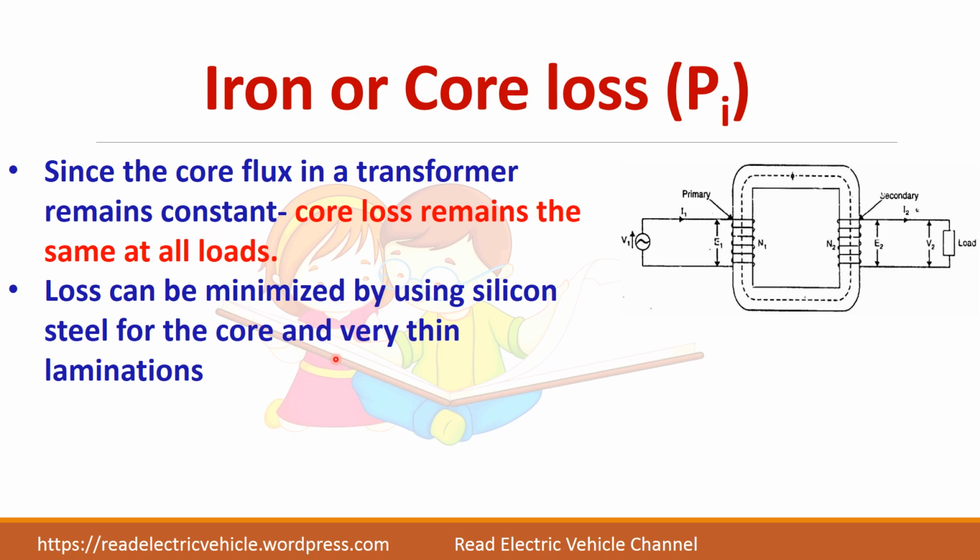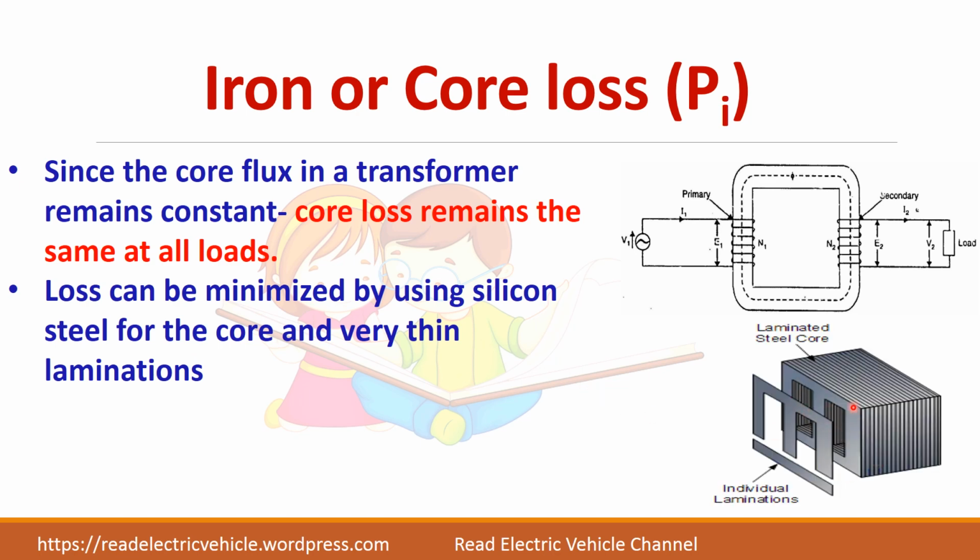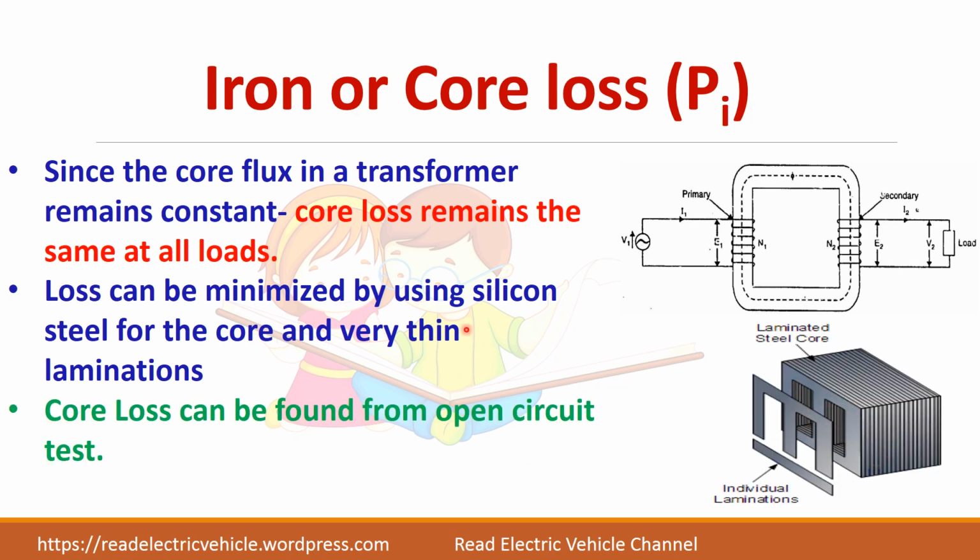And if you change the material of the core, the core loss is going to change. So the loss can be minimized by using silicon steel for the core and very thin laminations like this. And the magnitude of the core loss component can be easily found from the open circuit test.